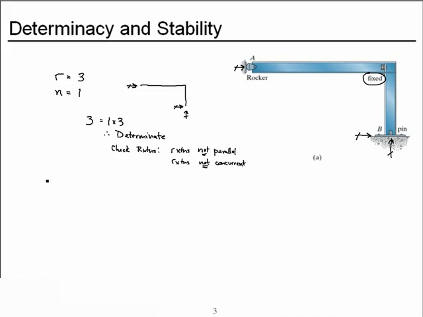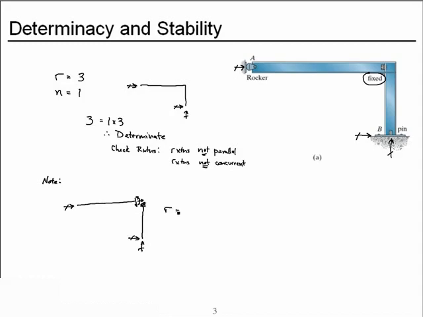Now, what if we had separated the structure into two members, separated at that fixed connection? Then we would have this member and this member. We still have our 3 support reactions, but then we'd also have three unknown internal forces at the cut.